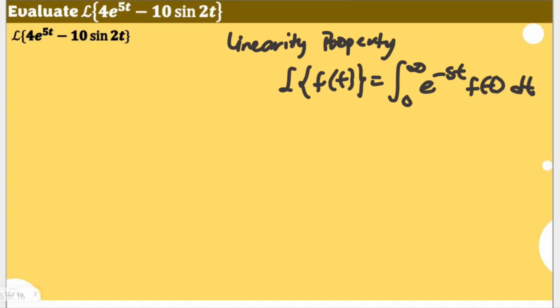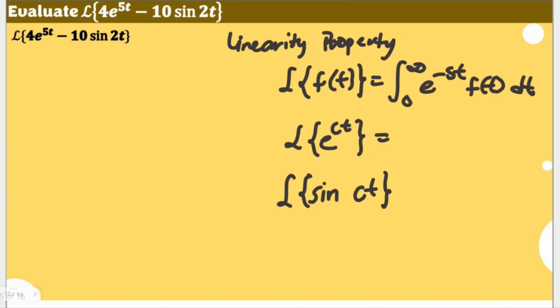If we are going to have the Laplace transform of e to the power of any ct, e raised to any exponent with arbitrary constant c, we have an equivalent for that. At the same time, the Laplace transform for sine ct, whatever the value of our c is, we could also come up with its general form.